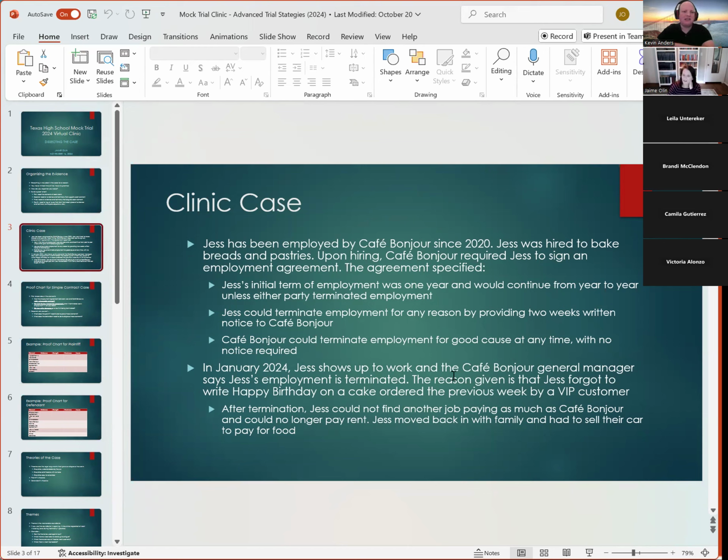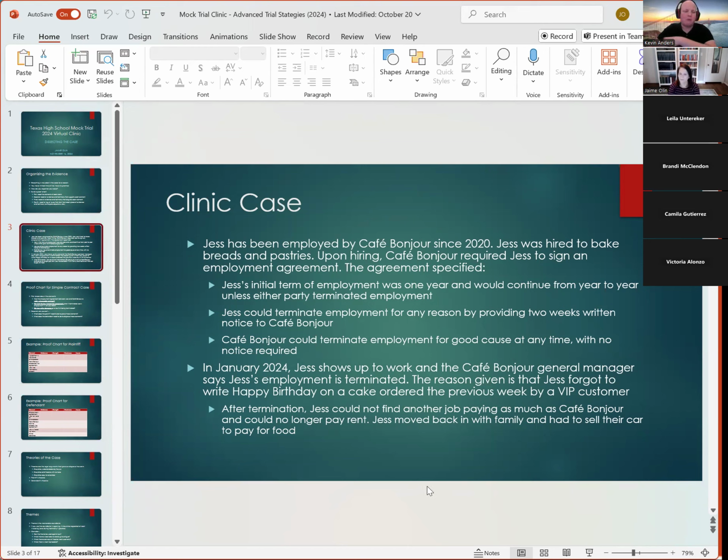Sorry, I was just going to say that in the mock trial context, that's probably something that might be stipulated to in the case stipulations, and that's why those case stipulations are important, because they help establish what you do and do not have to prove at trial.